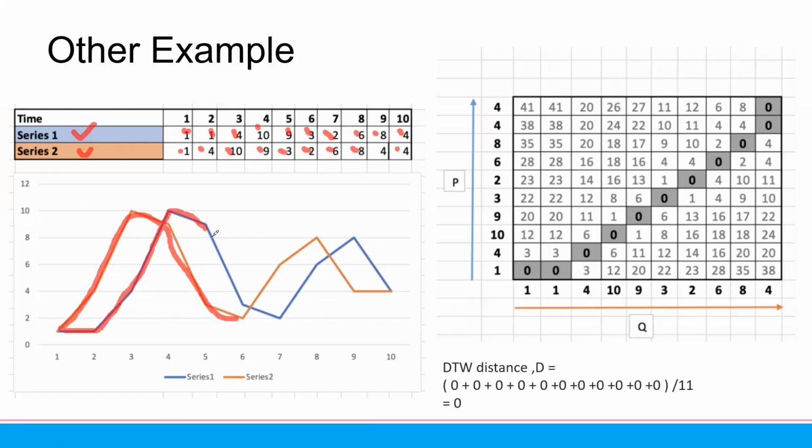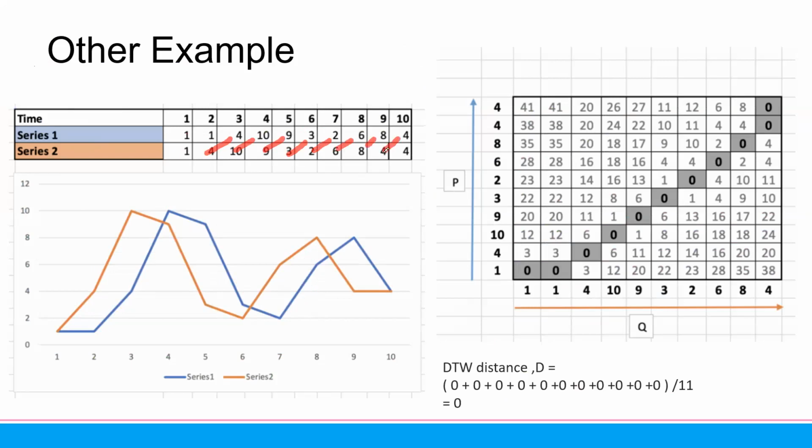If you look at the graph, it shows that those two series are similar. But we need to measure the distance. If you look at this value, it seems that the value has a delay with 1 period.